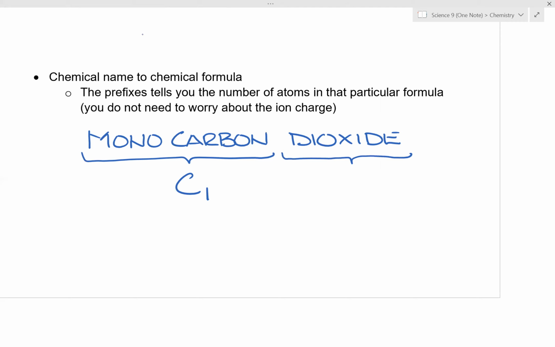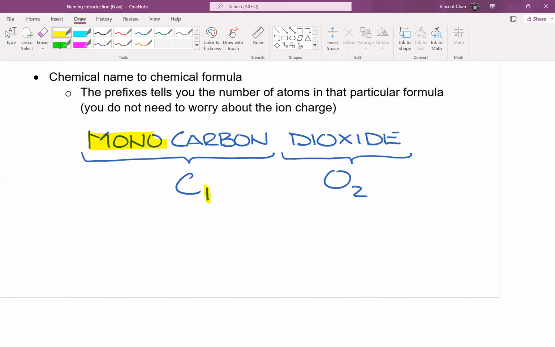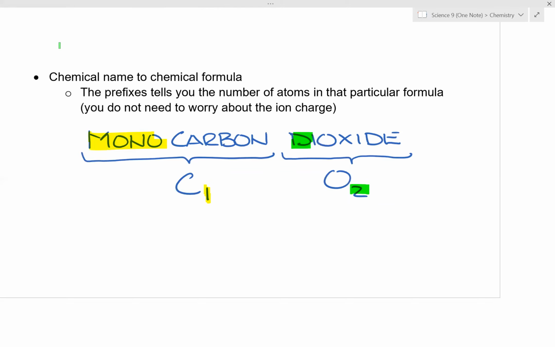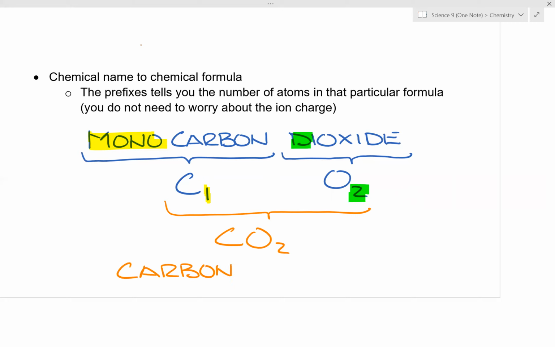Dioxide would be O2. The mono means 1. The di means 2. And so this is how we get the formula CO2. The more common name is carbon dioxide.